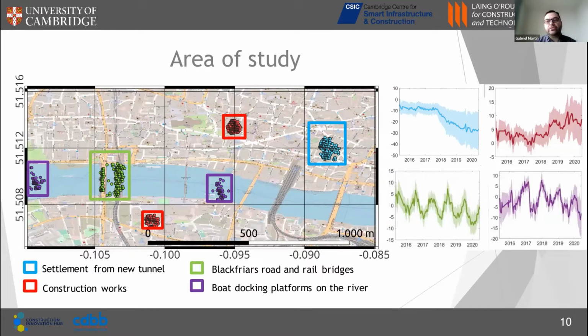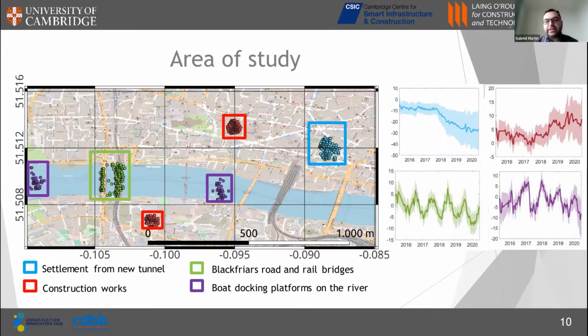On the right hand, the line corresponds to the average of the points, and the shadow is the standard deviation. Each color corresponds to each color on the left-hand figure. So, for instance, in this blue class, we can observe that at the end of 2017, it started to show a negative displacement due to the settlement from these tunneling activities.